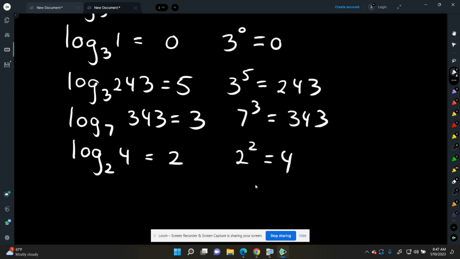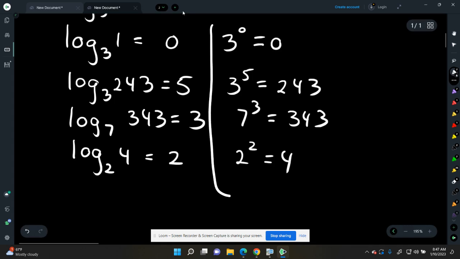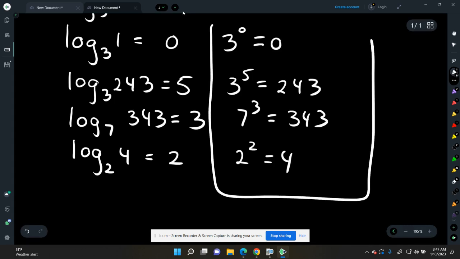The first section, 1 to 3, says rewrite in exponential form. You're not solving anything because I've already given you the answers. You're writing it as an exponent, which is what we did when we did our justification. That's exponential form.